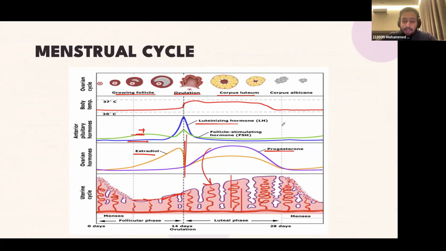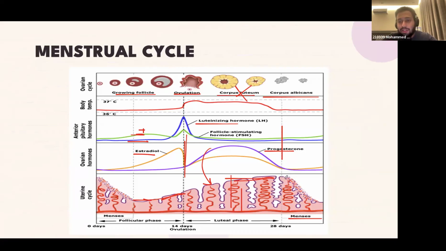Now, if you have implantation that occurs, then the corpus luteum will survive and will keep this progesterone going, and it's going to maintain this endometrium. If there's no implantation, no fertilization, corpus luteum will die, turn into corpus albicans, progesterone drops, and this will cause menses because there's no more progesterone controlling the arterial supply or the secretion.